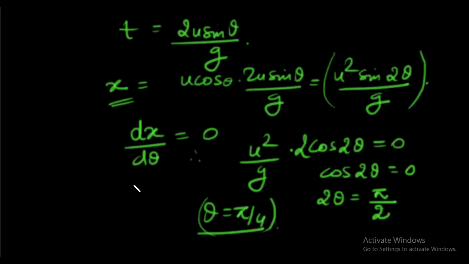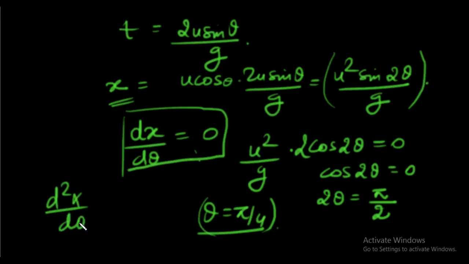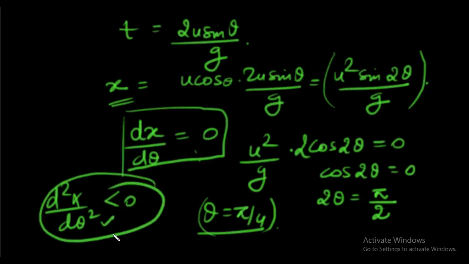So if a quantity has to be maximum, the differential is 0, yes, but the double differential is always negative. Since the curve in a maximum always goes down, you can see if this quantity is maximum, the curve is going down.